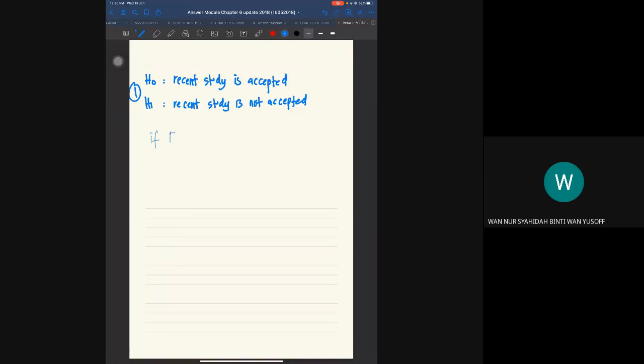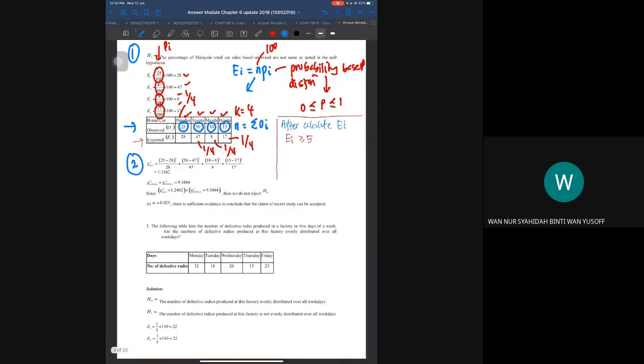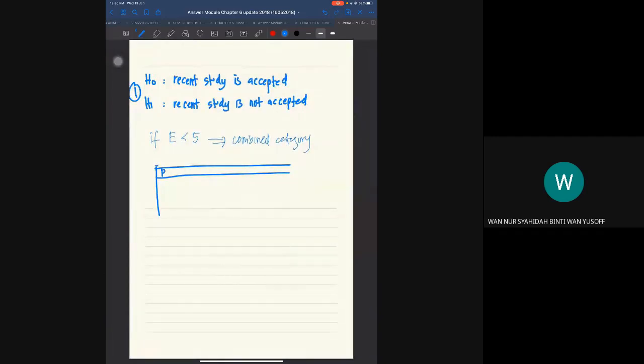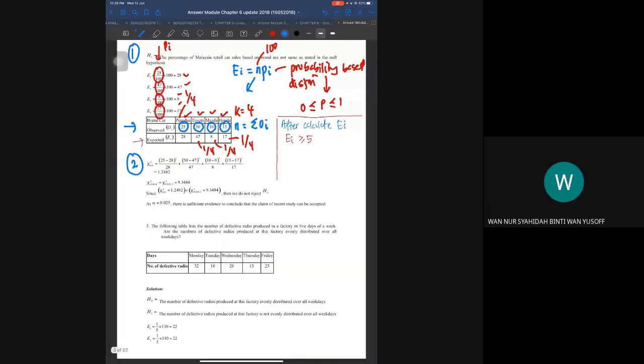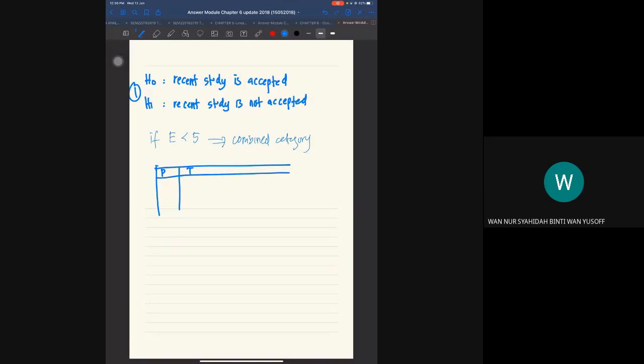If E is less than 5, then we need to combine the categories. So how do we combine? For example, we have Perodua, Toyota, Mazda, Honda.